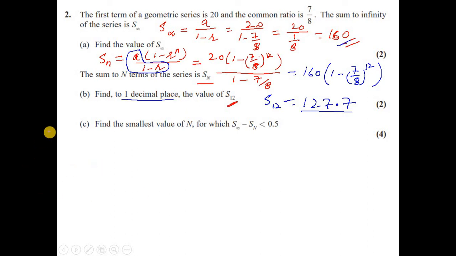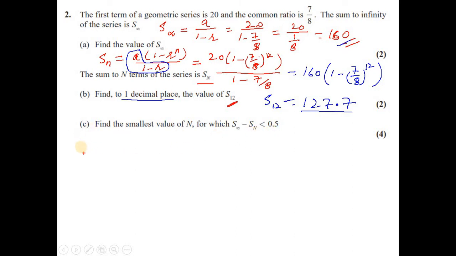Part C, find the smallest value of n for which S infinity minus Sn is less than 0.5. So we have already found S infinity, and we need to find the value of n for which the difference between these two is less than 0.5.